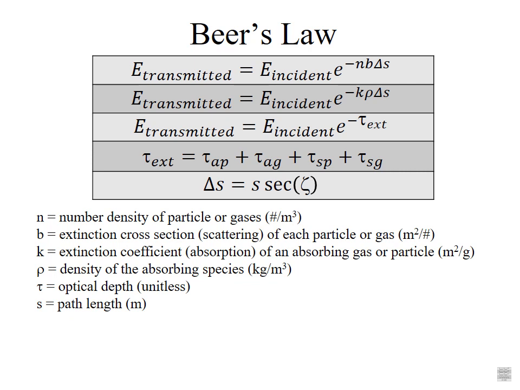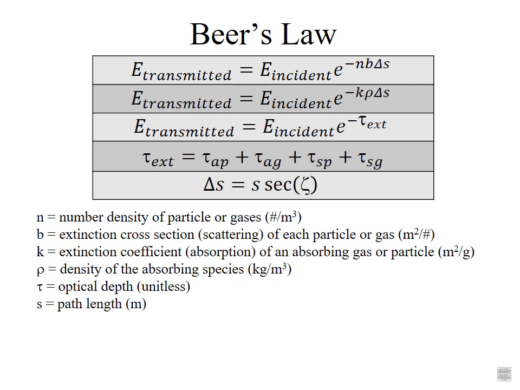So the first equation in this list basically looks at the effect of scattering of light and how that attenuates the radiation. The second equation, which looks very similar to the first, except that instead of having N and B, it has K and rho.